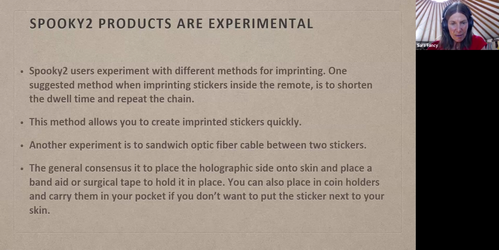The general consensus is to place the holographic side onto the skin and place a band-aid or surgical tape to hold it in place. You can also place them in coin holders and carry them in your pocket if you don't want to put the sticker next to your skin. Some people have sensitive skin and they don't want that on their skin. I'm kind of like that. I don't really like things sticking to my skin.